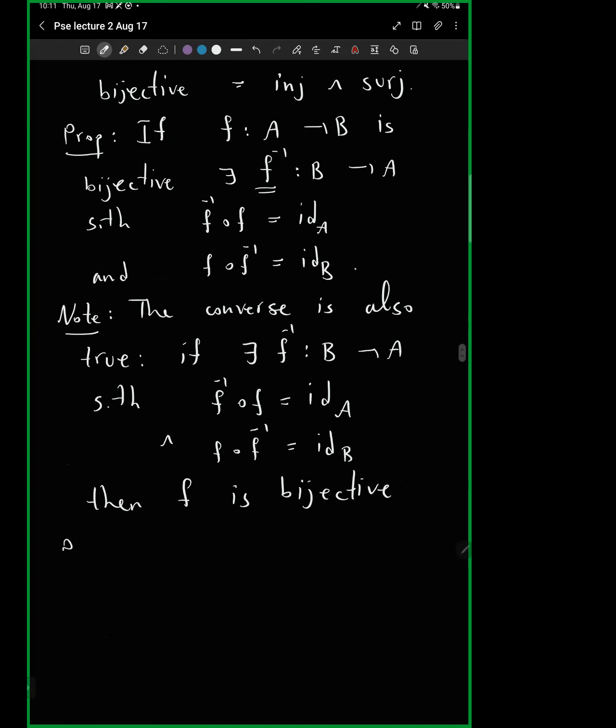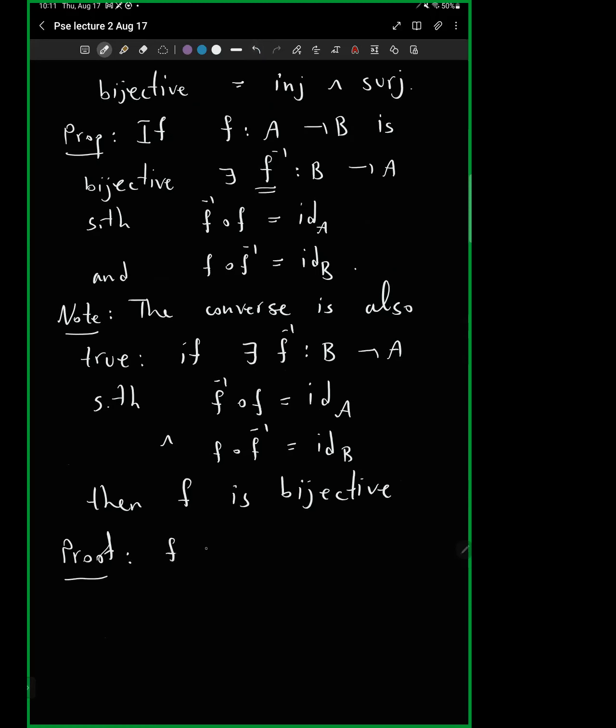How do we see this? This is very easy. We need to show that f is bijective, that is to say, that it is injective and that it is surjective.